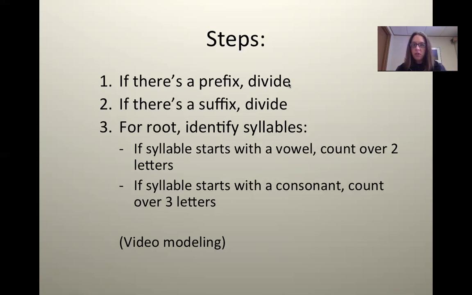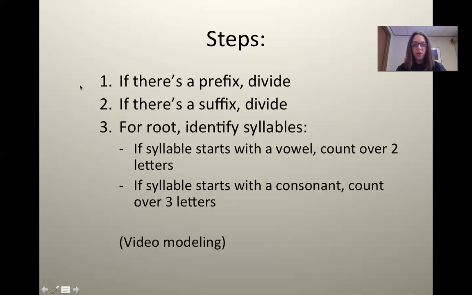If the syllable starts with a vowel, they're going to count over 2 letters and then make a division. If the syllable starts with a consonant, typically they will count over 3 letters and make a division. And then within those small chunks, they're more decodable, and it's less overwhelming for them to break it apart, sound it out, and then put it back together.